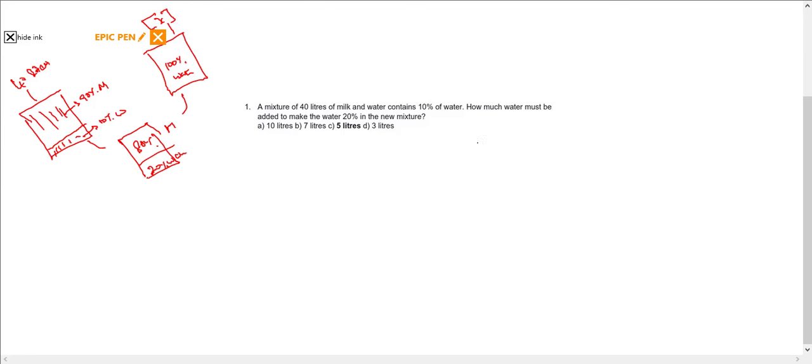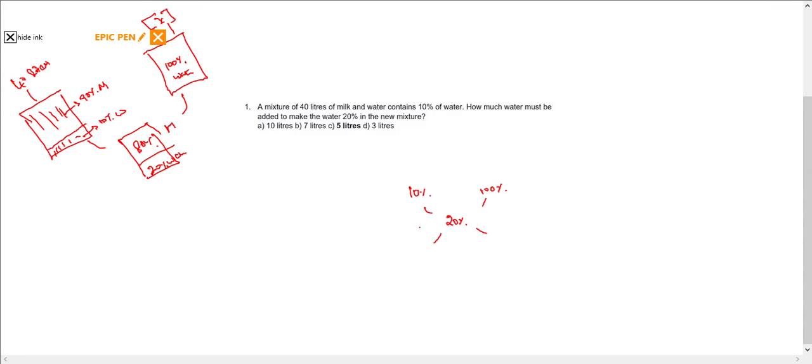That's what we need to find out. All these are relatively simple questions, but for the sake of better understanding, I'm trying to explain it as much as possible. So in the first case we have 10% water. To that we are mixing 100% of water, and we are getting a resulting solution which is 20% water.